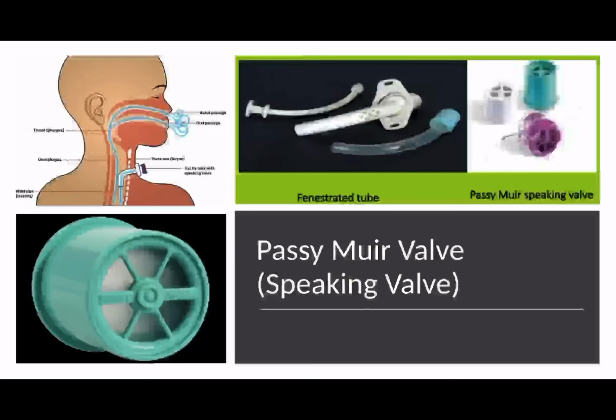So this is why it works as a speaking valve, but it also highlights the extreme danger of a Passy Muir valve. If you imagine you leave that cuff up, the patient can take a breath in, but now they're breathing against a blockage. The Passy Muir valve closes every time they try to breathe out. If you have got that cuff up, there's nowhere for the air to go. It can't go around the edges of the tracheostomy and out through the mouth.